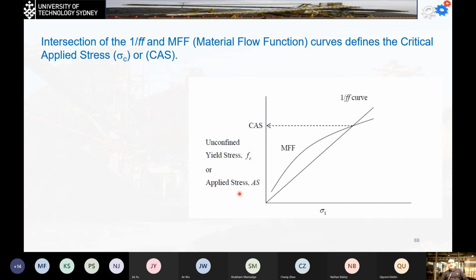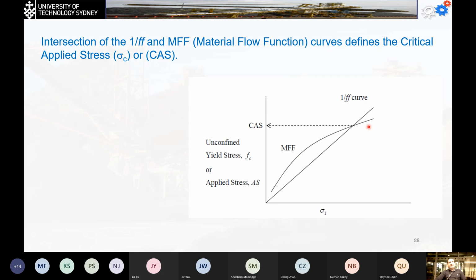Now, to find the CAS value, or the critical applied stress, we need to do this sketch. We do things graphically. We draw the line between the sigma and the tau, starting from the origin, and we are going to use the MFF.